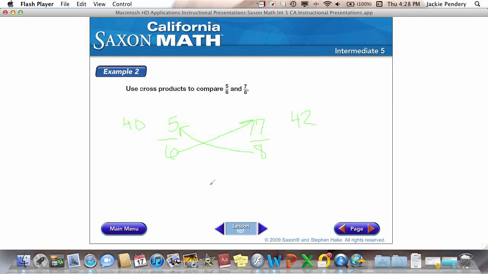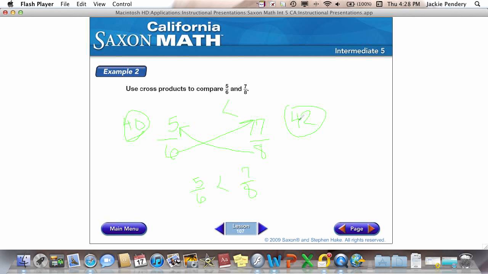And now I'm going to say that 5/6 is less than 7/8 because 40 is less than 42. I didn't need to go through the entire process of multiplying by the entire 8/8 or the entire 6/6, because multiplying 6 times 8, both denominators will be the same. So I don't really need to multiply the denominators. I just need to know what the numerators are, so I can compare those.